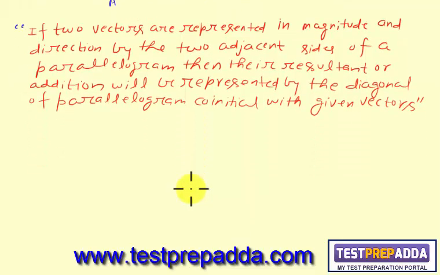Now if I try to draw, for example, this is the initial point. If I say this as a vector P, this as vector Q, then I'll draw a parallelogram here.